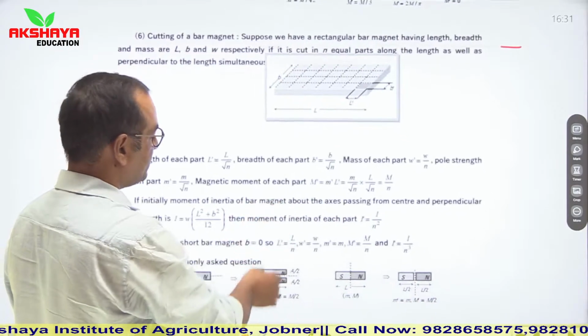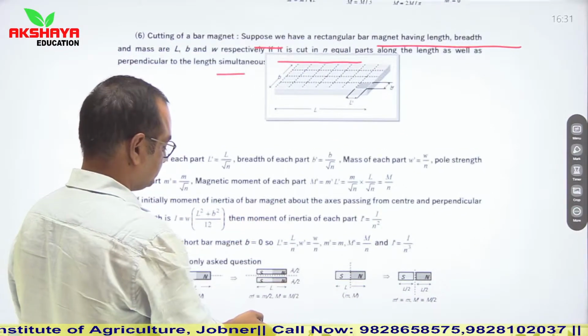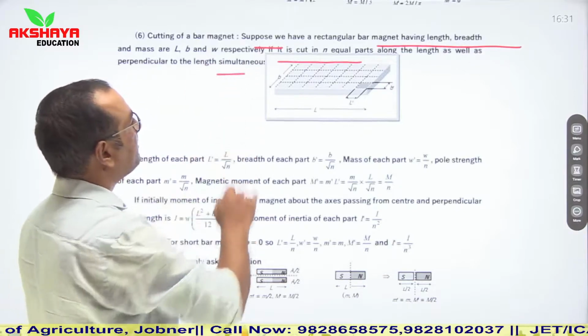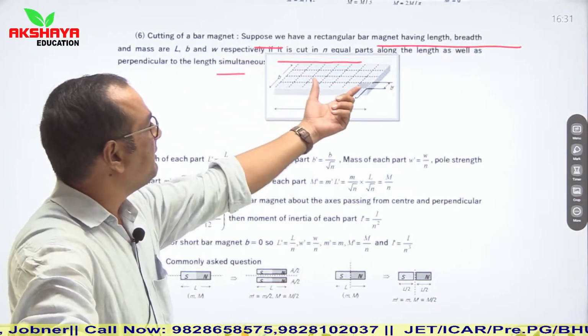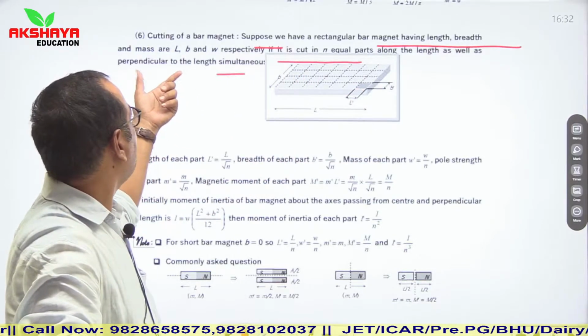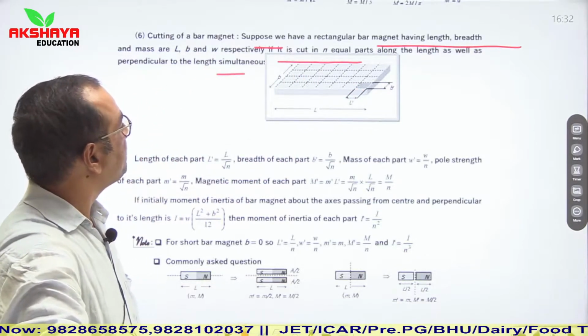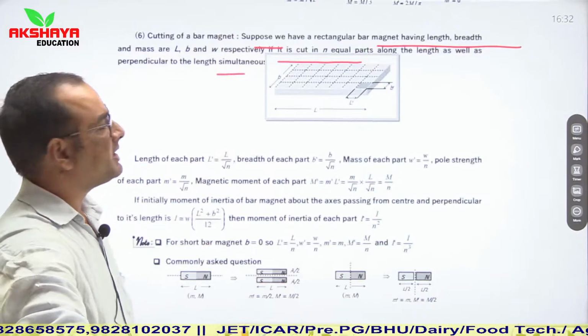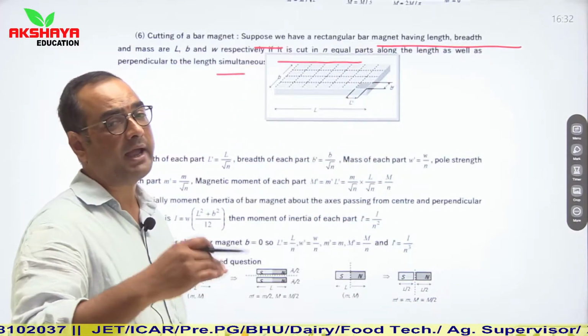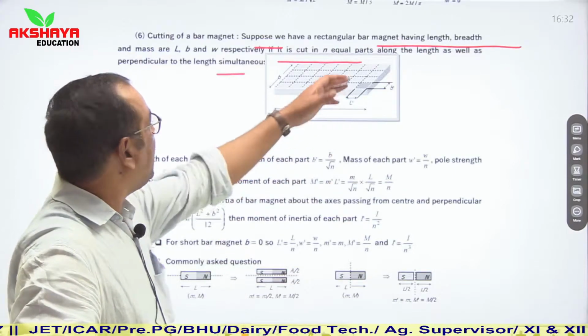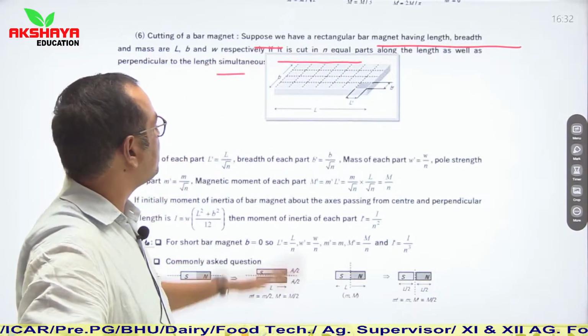So what we are considering here is cutting of a bar magnet. Suppose we have a rectangular bar magnet having length, breadth and mass L, B and W respectively. It is cut into n equal parts. So this rectangular bar magnet is being cut into n equal parts, as well as perpendicular to the length, simultaneously.